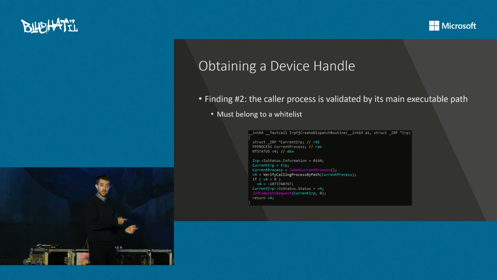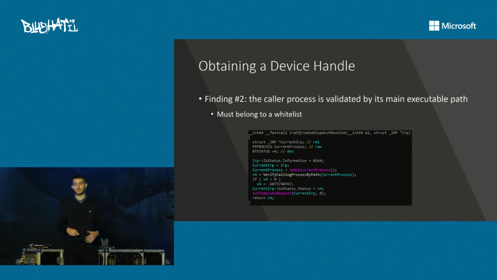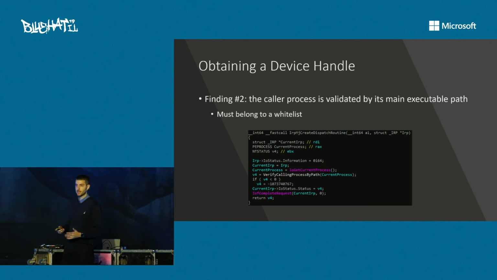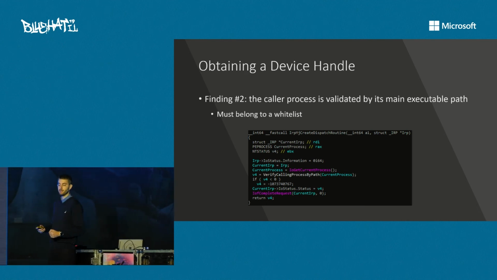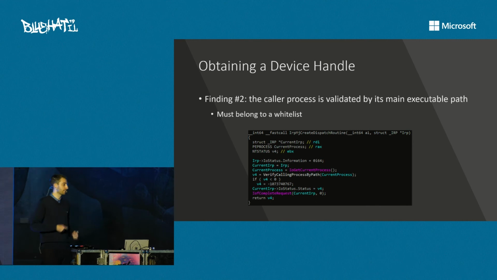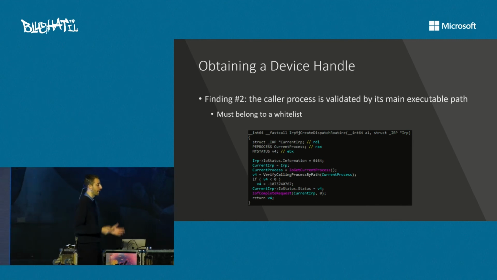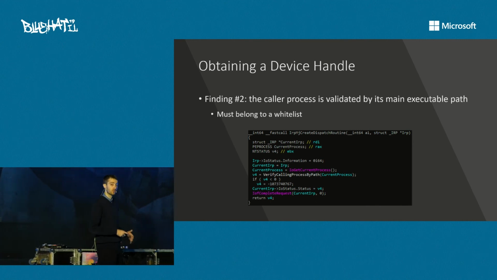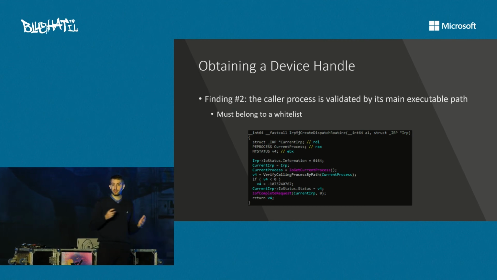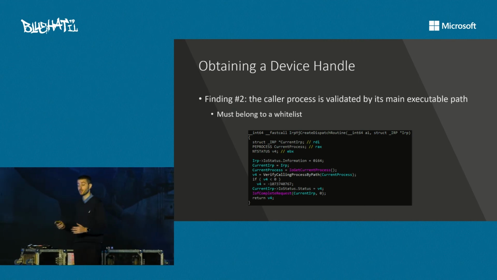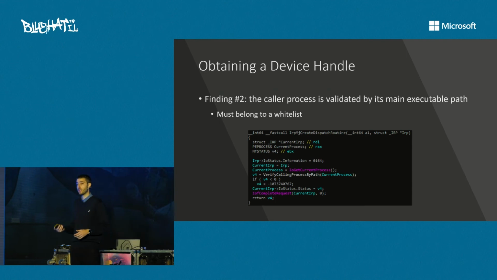So I went there and analyzed the code, and I found out that the driver implements some sort of an authentication mechanism which validates the caller process by its main executable path. It must belong to some sort of a whitelist of trusted executables which are permitted to communicate with the driver.